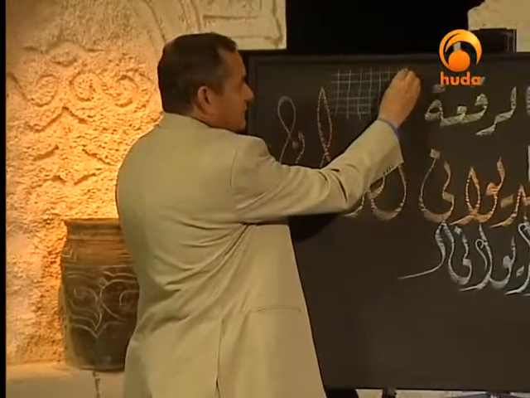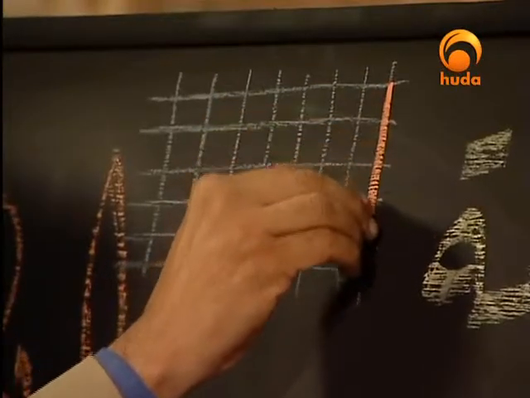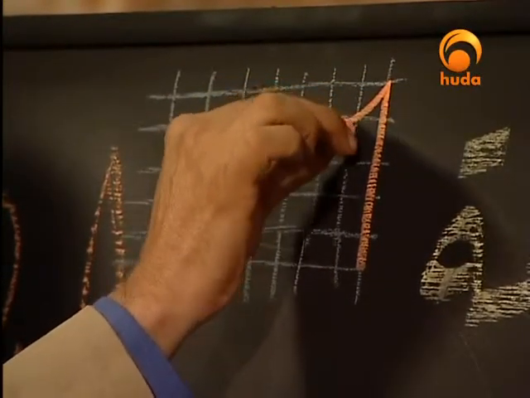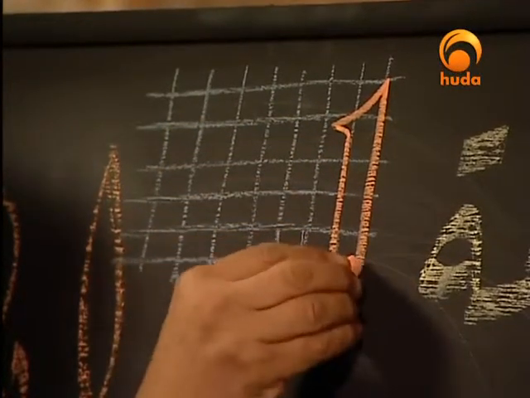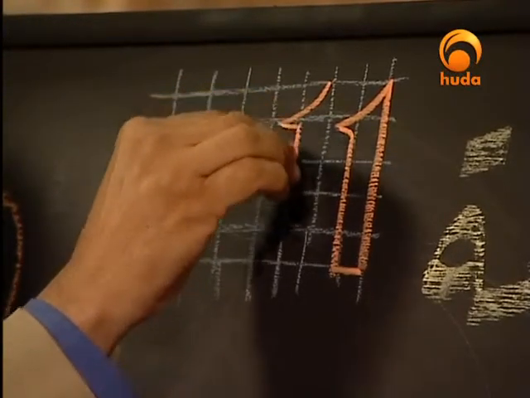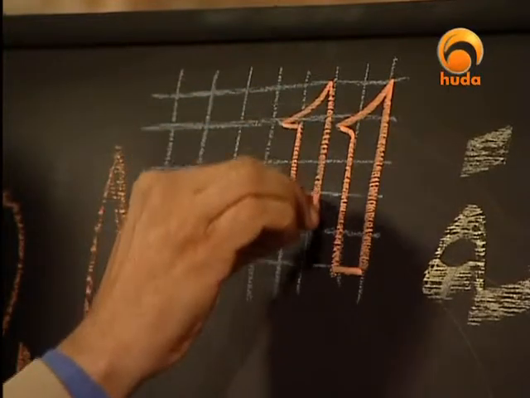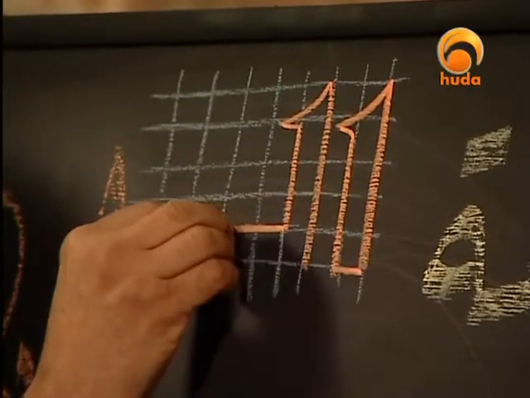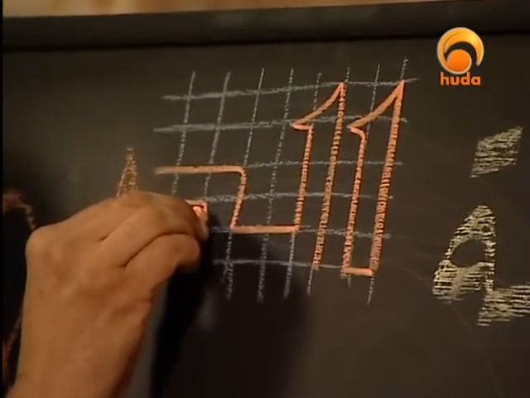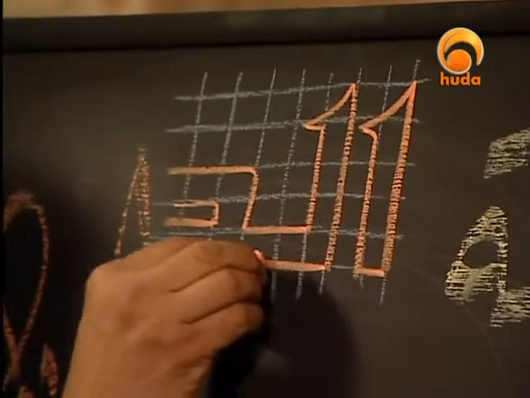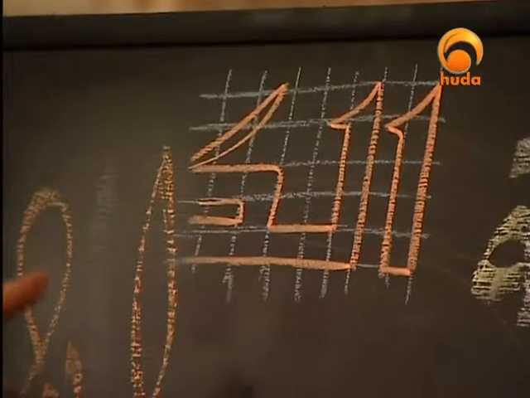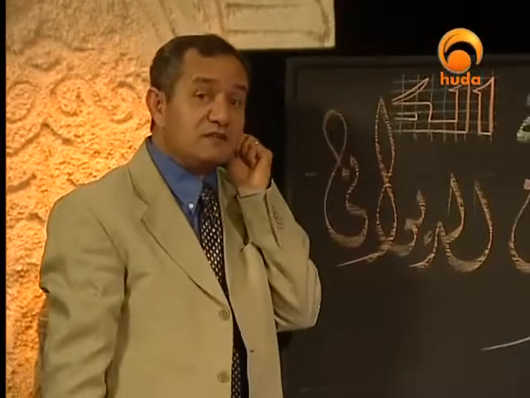Alif, we have to follow the line straight and some simple curve like this, and go again for Alif. Lam, I go straight. It should be like this. It's very simple, it's squared.